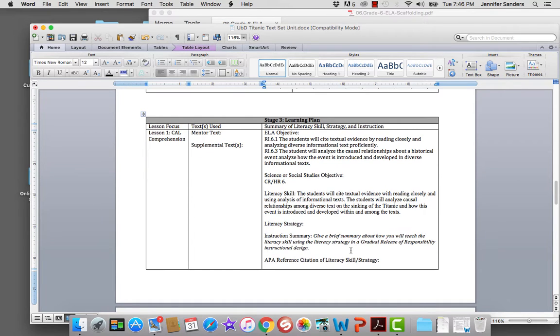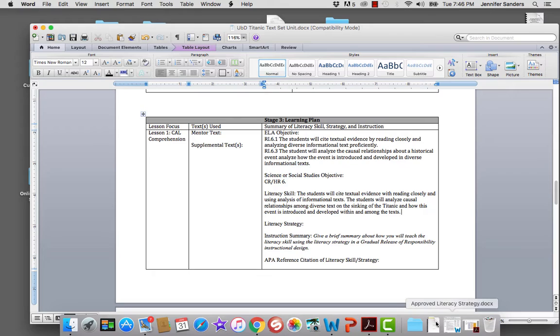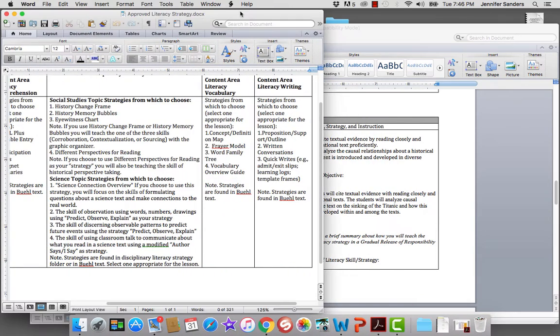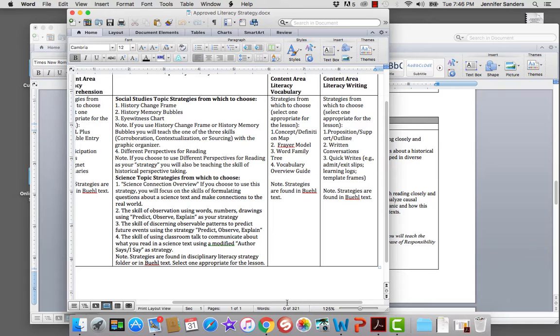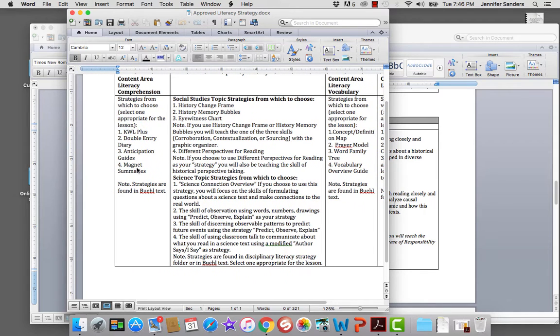Well, okay, I'm going to go over here and I'm going to say, okay, I have this whole list of strategies on pages 54 through 55 that you should have turned and opened. And what would fit standards 1 and 3? So if you go here, I actually have a list for you of approved literacy strategies within Module 4. And I have listed very specific which ones I want you to use.